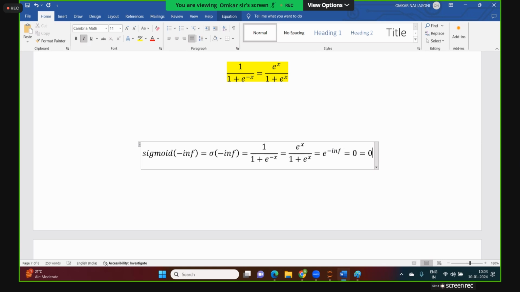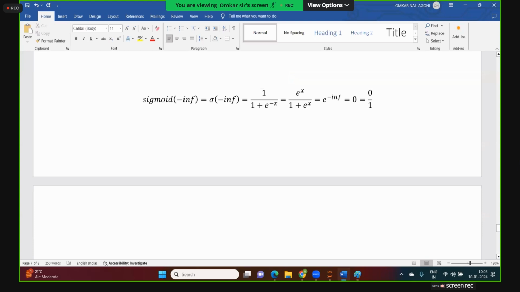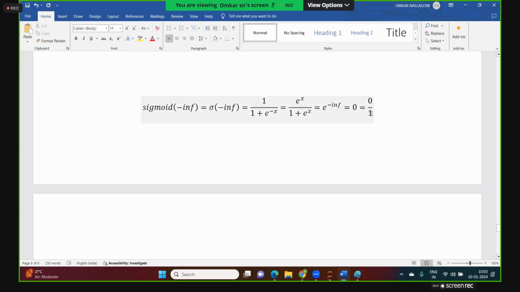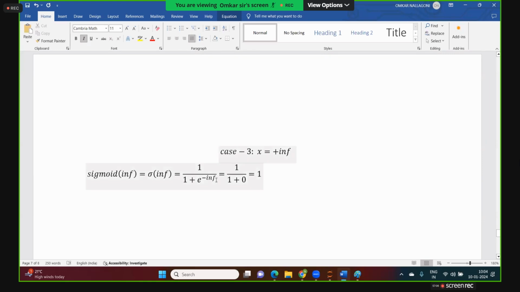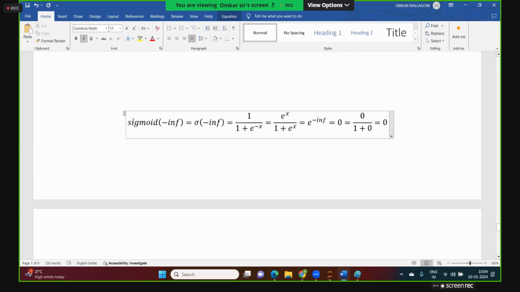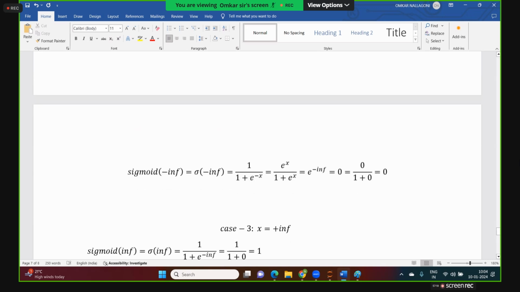So it is nothing but 0 by 1 plus 0, and finally the answer is 0. The same thing, and in the same way here, plus infinity, you can substitute the same. I will write in detail.